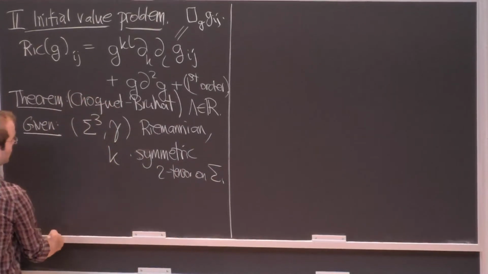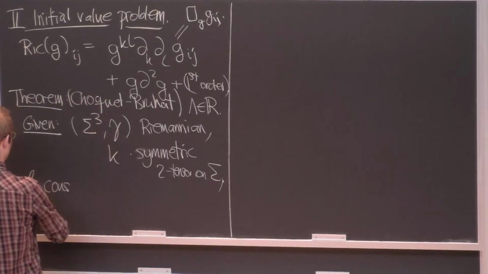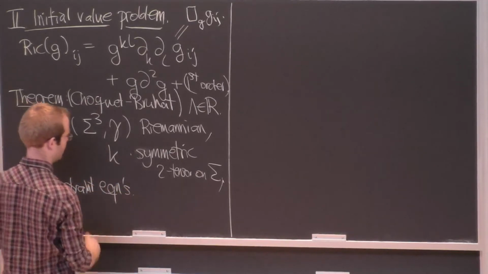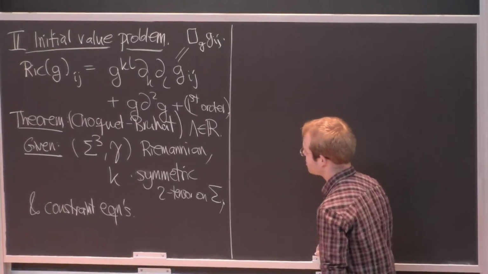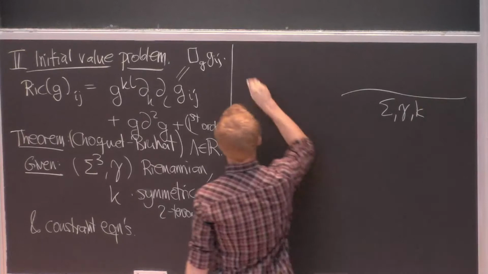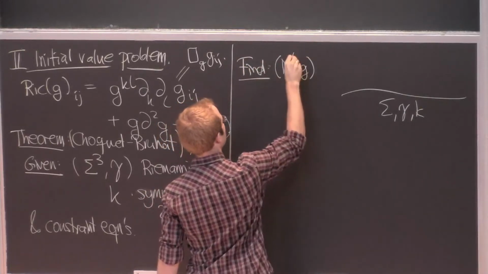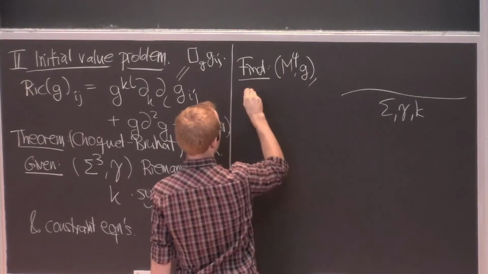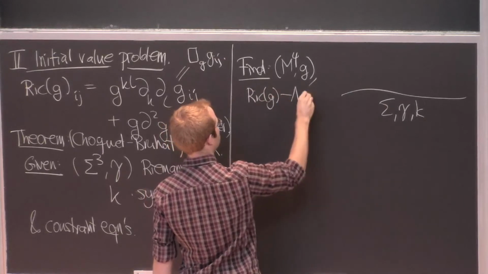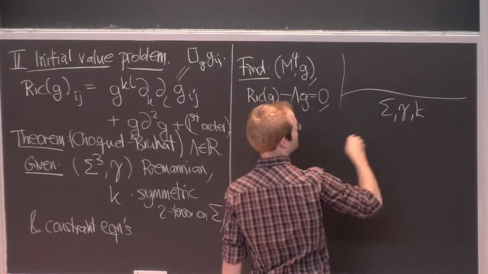Very importantly, they satisfy certain compatibility conditions called the constraint equations. And I'll tell you in a second what they are. What you want to find, given these initial data, is a space-time M, g. This is a 4-dimensional space-time satisfying the Einstein vacuum equation, Ricci of g minus lambda g equals 0, in which sigma sits as an embedded hypersurface.